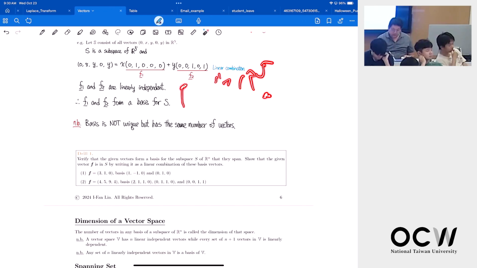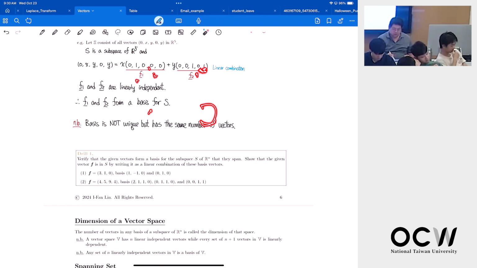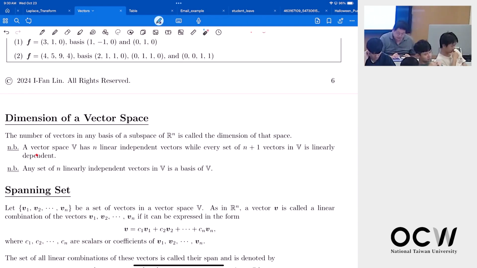This dimension is the number of vectors, 2, right? I have 2, and these 2 vectors form the basis, so that is 2. And a vector space V, if we say that has n linearly independent vectors, then if I have n plus 1 vectors in V, they will be linearly dependent, because these form the basis.